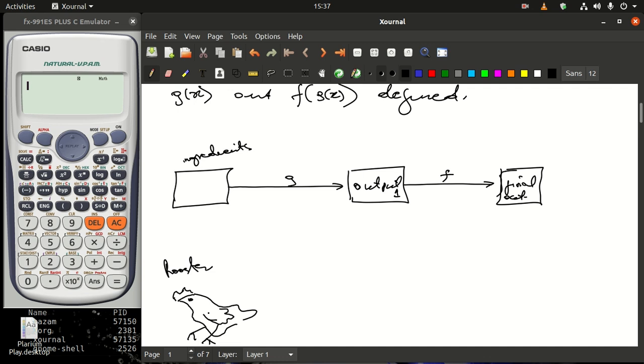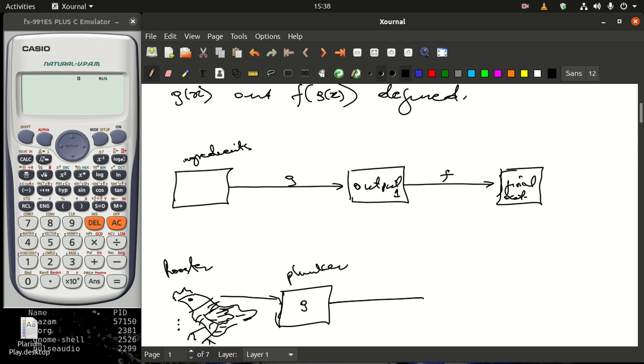Let's say we cut its neck, and then we take this rooster and plug it into a plucker machine so that it takes the feathers out. So we have a rooster, which is an input, and we plug it inside this machine, which is G, and this G is a plucker that takes out the feathers.